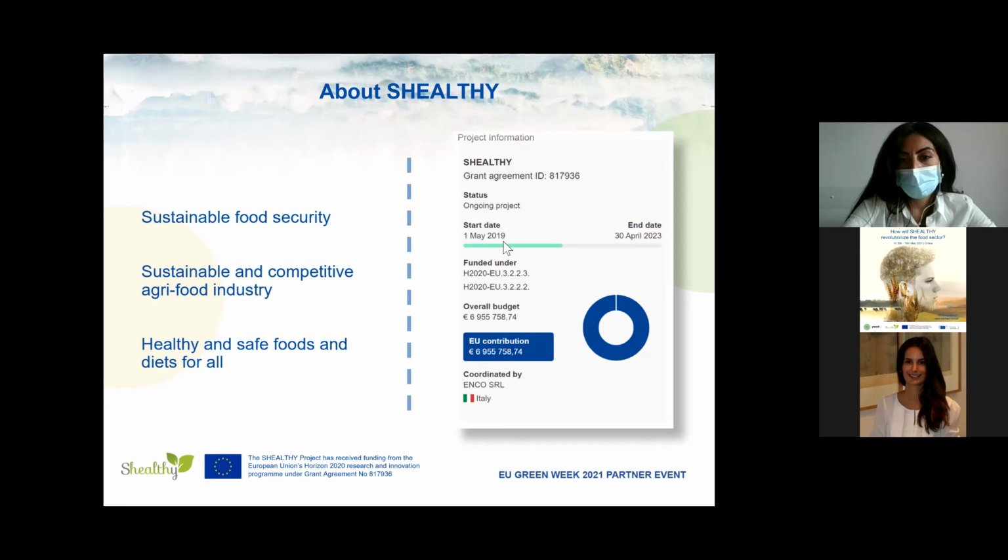It is a 4-year project. We are quite in the middle of the project, as you can see. We are benefiting from almost €7 million of EU contribution.